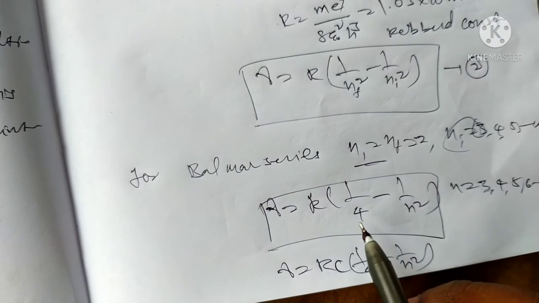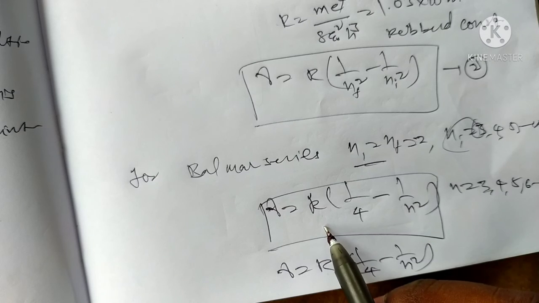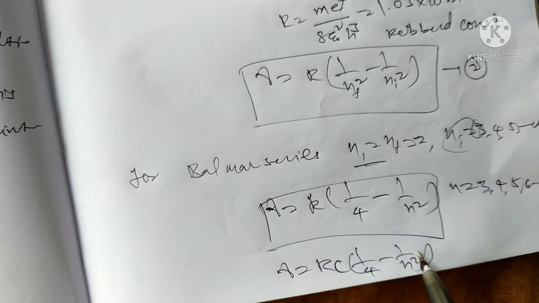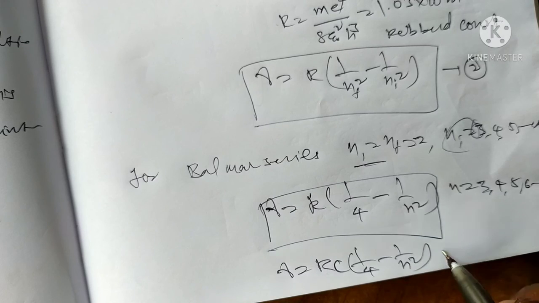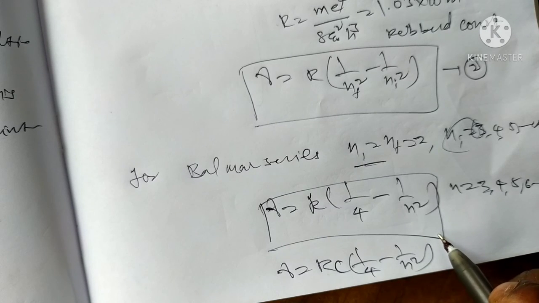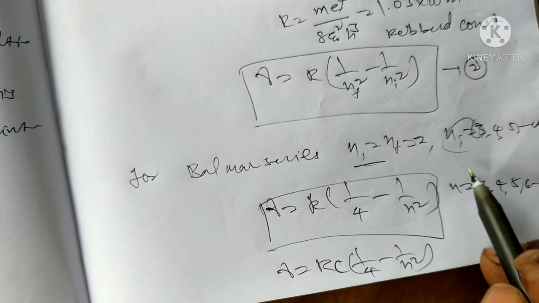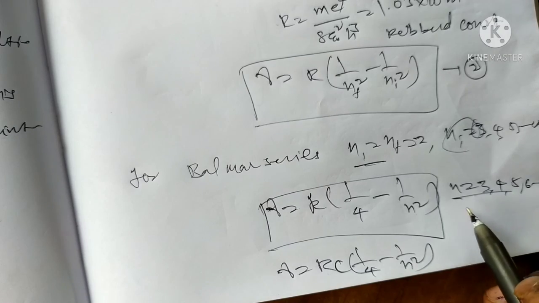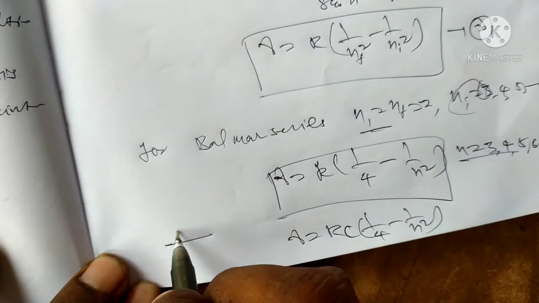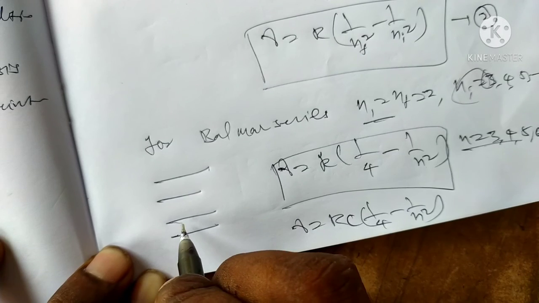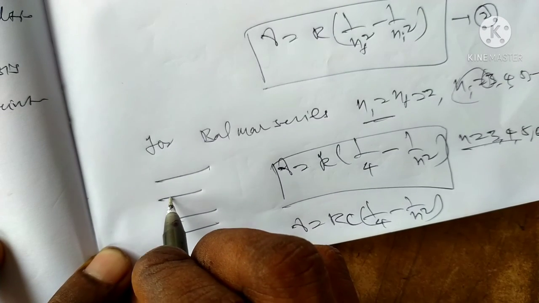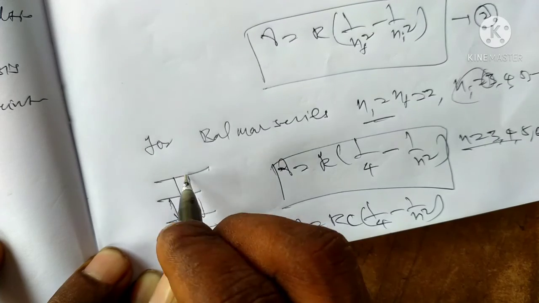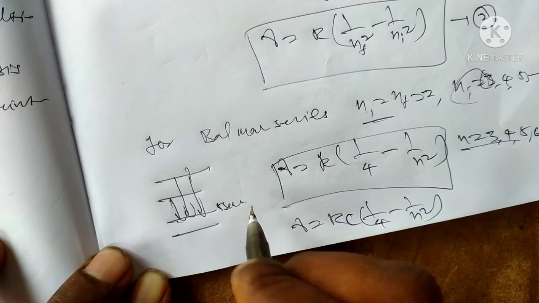This is for the Balmer series, and both will be the same. Electron transitions occur from 3 to 2, 4 to 2, 5 to 2, like this in the case of the Balmer series, ending on the second level. That is transitions from third to second, fifth to second, sixth to second. This is the Balmer series.